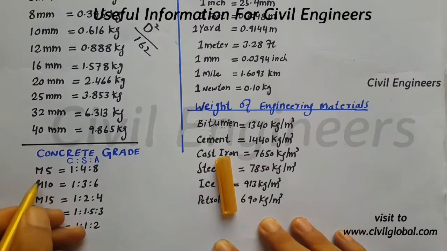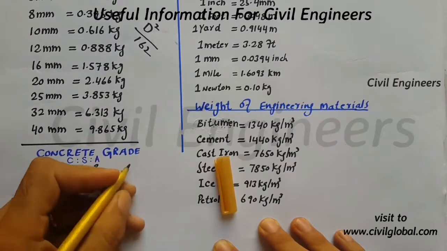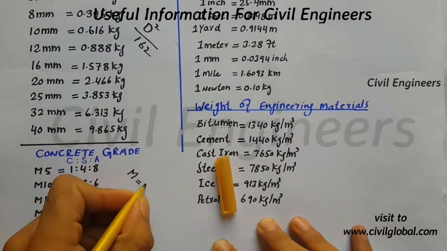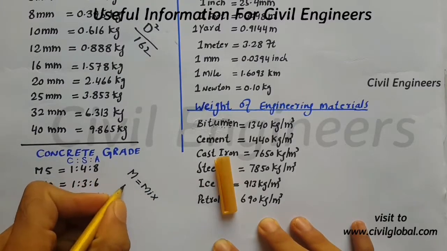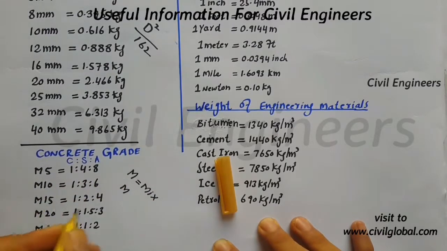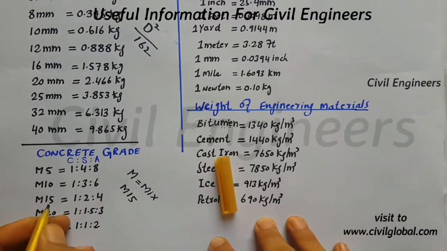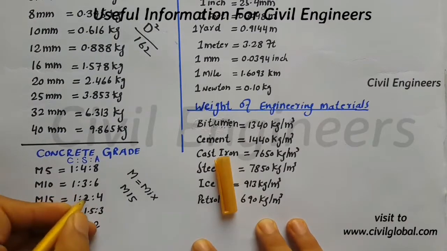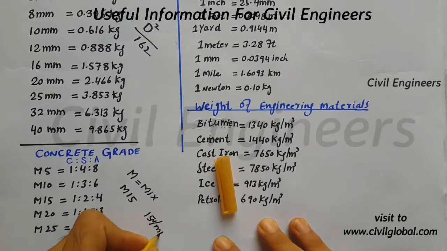So M5 or M10 means, okay, M means mix. M15 means that after 28 days the concrete will gain strength of 15 Newton per mm square.